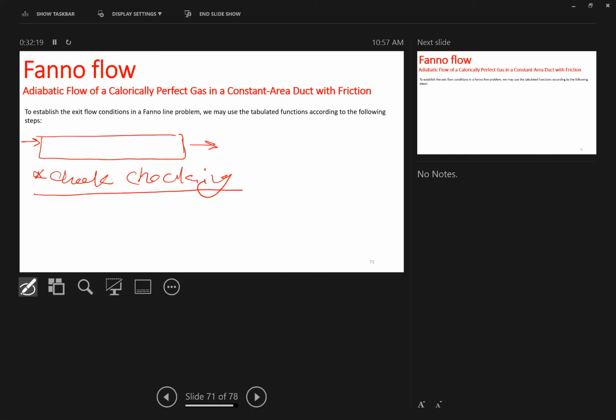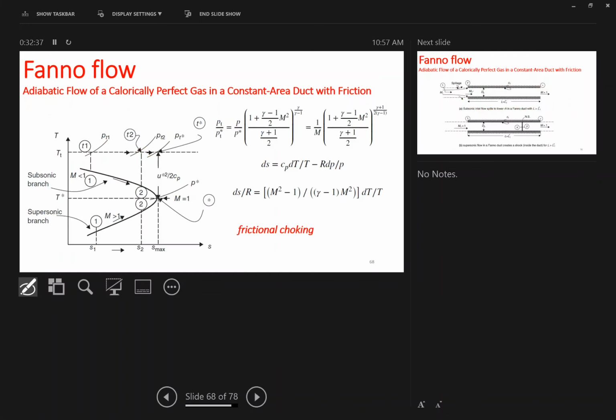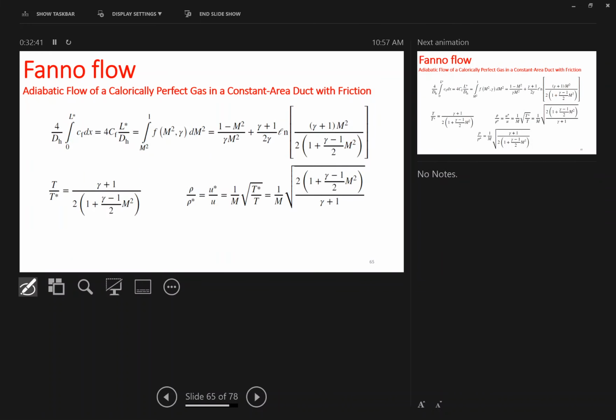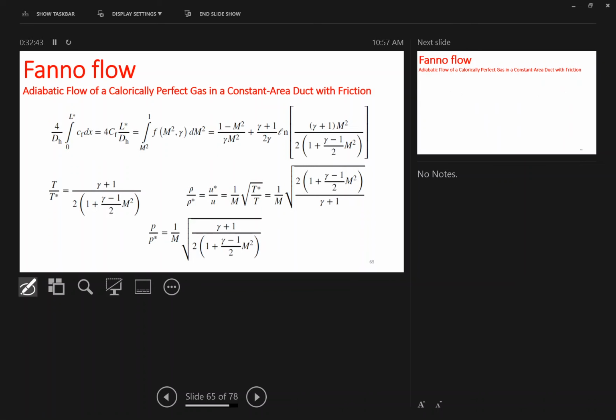How many situations can we have as far as the choking conditions goes? So to check the choking conditions, you have to find L star, right? How can we find L star?